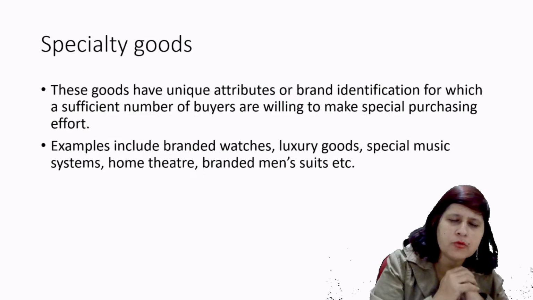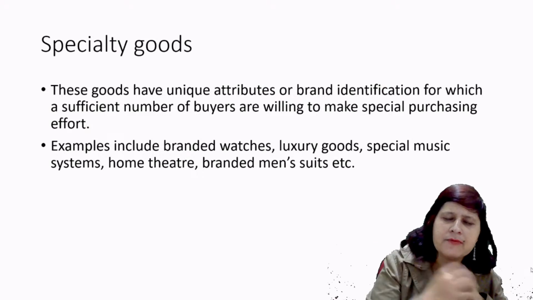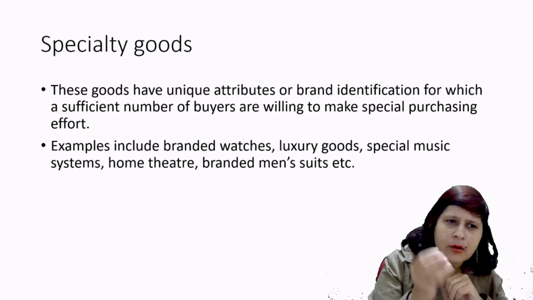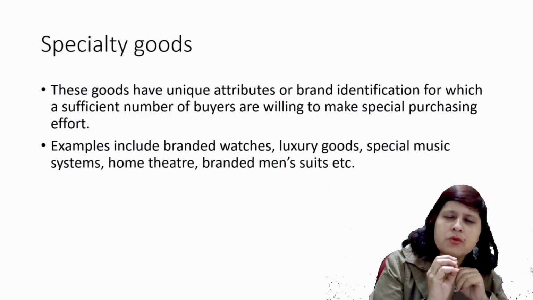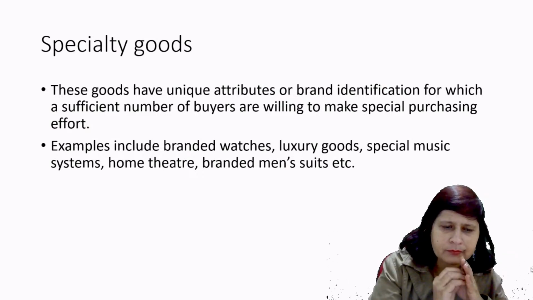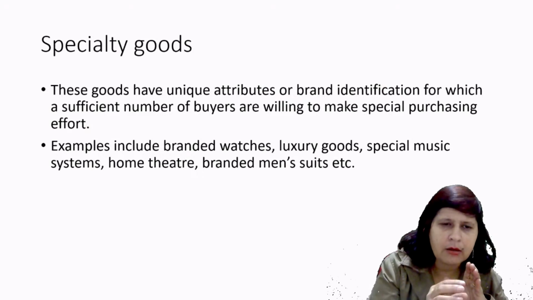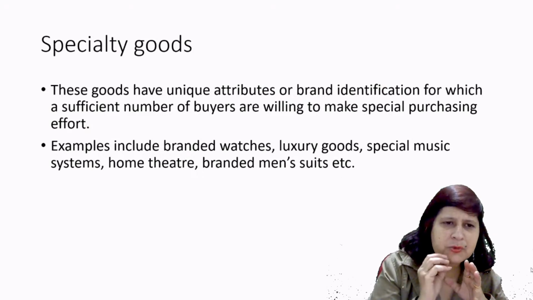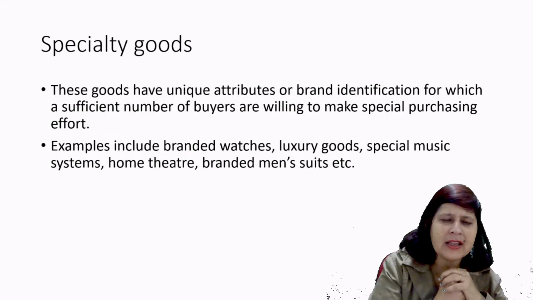You will not go to the first jeweler and buy whatever he gives you, right? What you will do is go to the jeweler, compare, and put in special purchasing effort while buying this product, right?